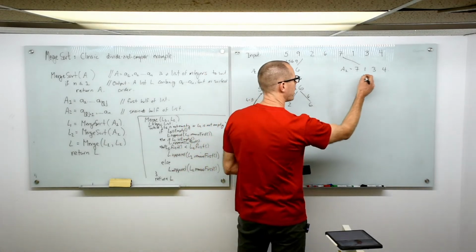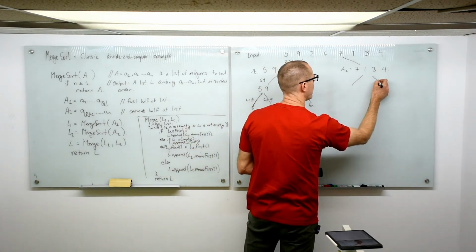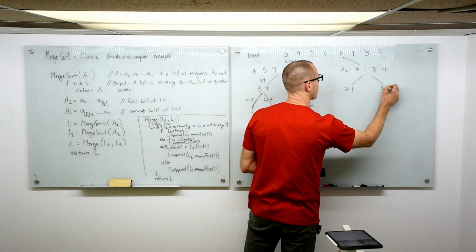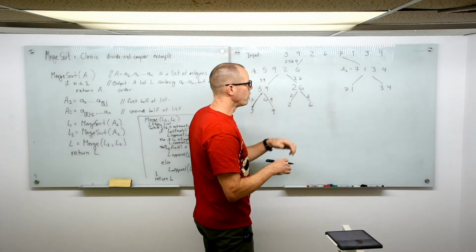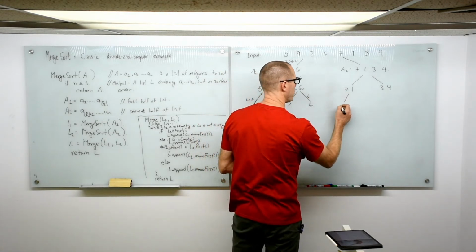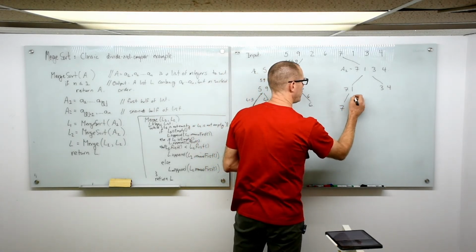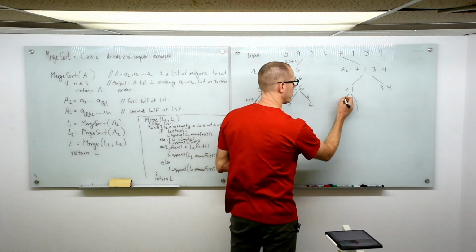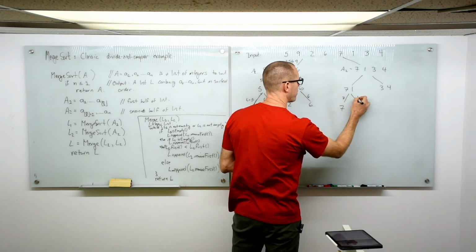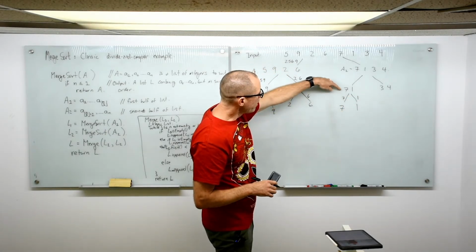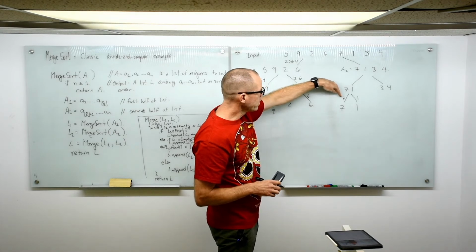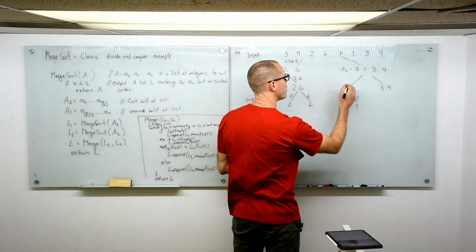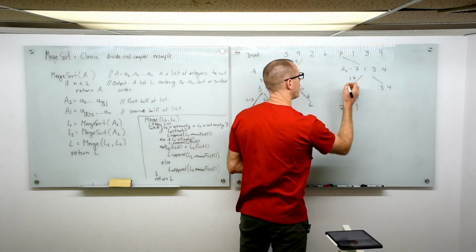And the second half has 4 elements, which are split into 2 lists, each containing 2 elements. The first of those is sorted recursively, which splits it into 2 lists, each containing 1 element. Each of those is sorted trivially, and then they're merged. The list containing 7 and the list containing 1, in this case, are merged to produce the sorted list 1, 7.